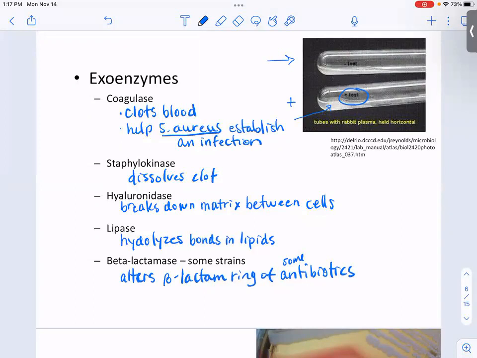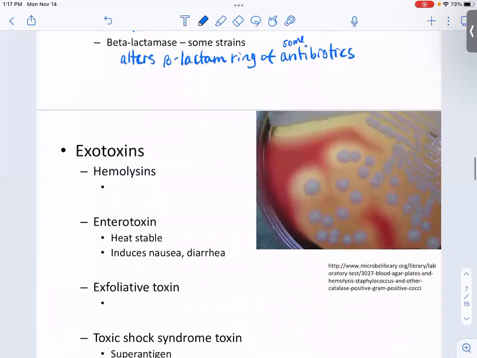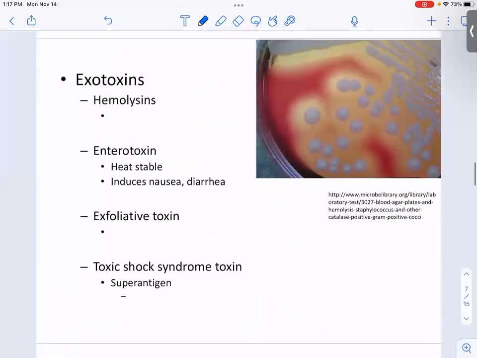Okay. In addition, there are some exotoxins that Staph aureus can make. No endotoxin. Remember, endotoxin is only gram-negatives. It's that lipid A in the outer membrane of the gram-negative cell wall. Exotoxins like hemolysins.